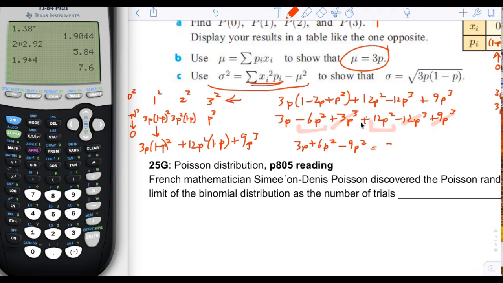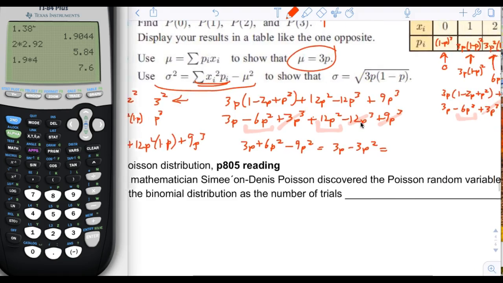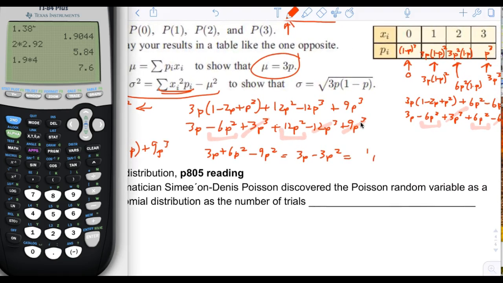So that is equal to 3p minus 3p squared, which you can factor out the 3p, and then you end up with 3p times (1 minus p). And that's sigma squared. And sigma is equal to the square root of 3p times (1 minus p), because I'm taking the square root of sigma squared.